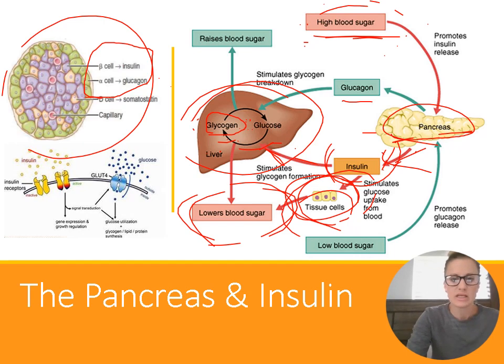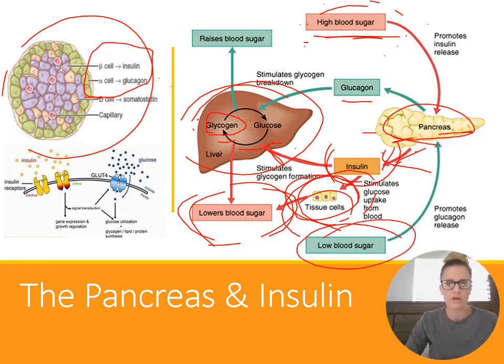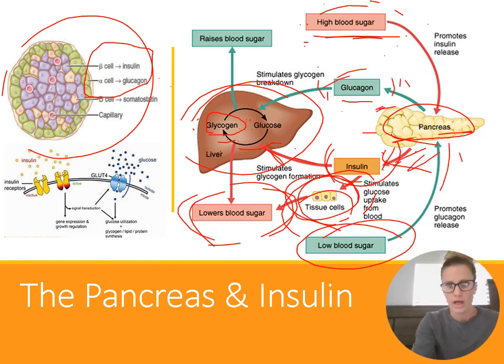The opposite of this is low blood sugar. Right? Again, you haven't eaten in a long time. The amount of sugar in your blood drops. The pancreas responds to that by producing glucagon. This glucagon that comes from the alpha cells of the pancreas goes to the liver, and it allows us to take that glucose out of storage in the liver.